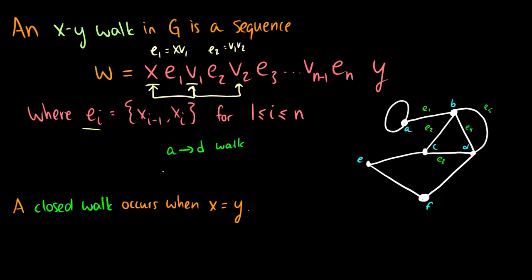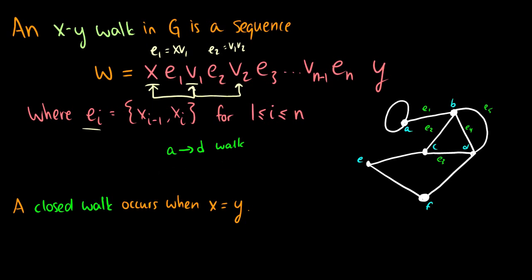So we start at A, and then we take E1 to B, and then, okay, we could take E5 to D and be done, or we could take E4 to D, or we could take E2 to C and E3 to D. So those are all possible circumstances.